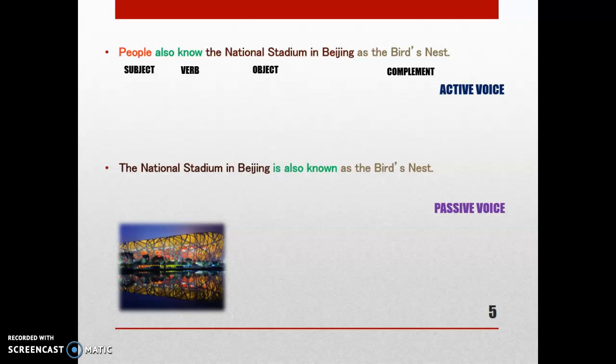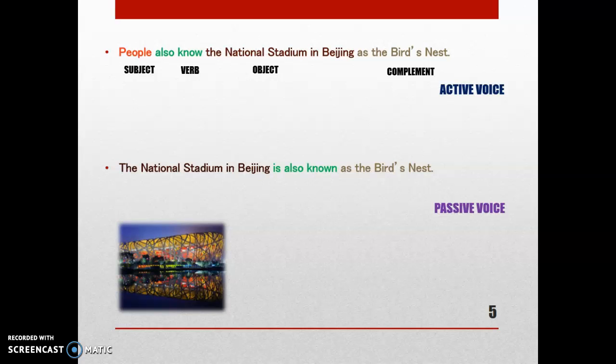So the object becomes the subject in the passive voice, the National Stadium in Beijing. It's only one, and the sentence is in the present. So I have to decide between is and are. In this case, we should use is because it's only one.